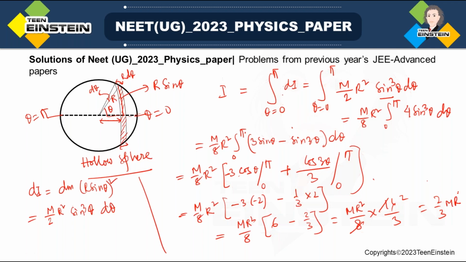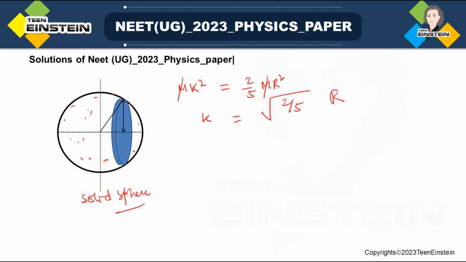I have mentioned already, it is better to remember a few results like this so that you don't have to do this many calculations to find the moment of inertia of the hollow sphere. So what we have found out, the moment of inertia of a hollow sphere I_HS is equal to 2 by 3 m r square.